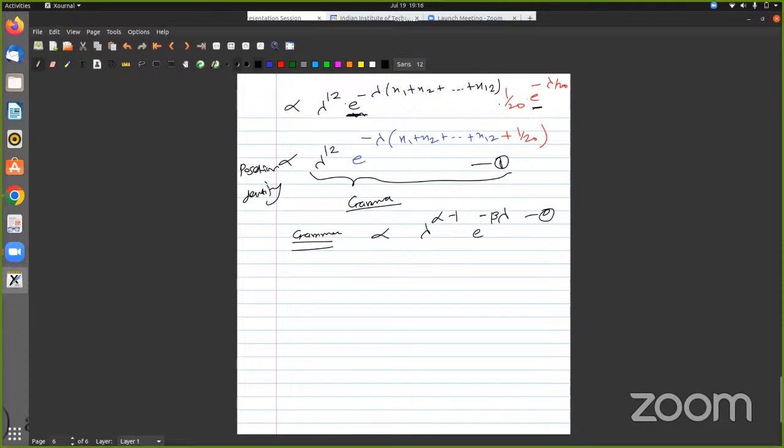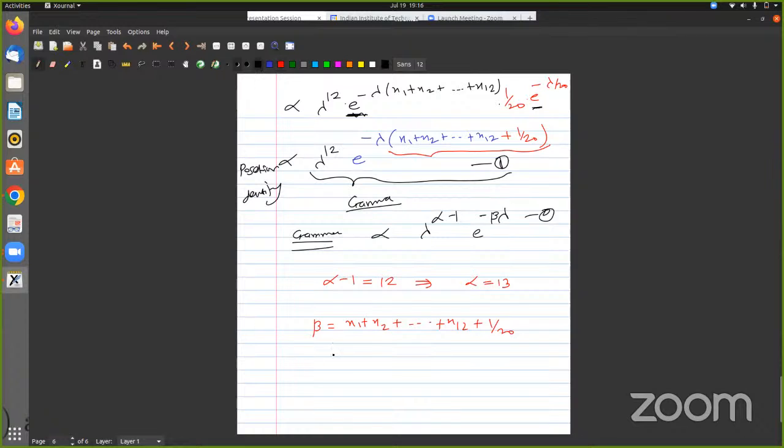So by analogy, alpha minus 1 equal to 12, which gives alpha equal to 13, and beta is equal to this part: x1 plus x2 plus up to x12 plus 1 by 20.